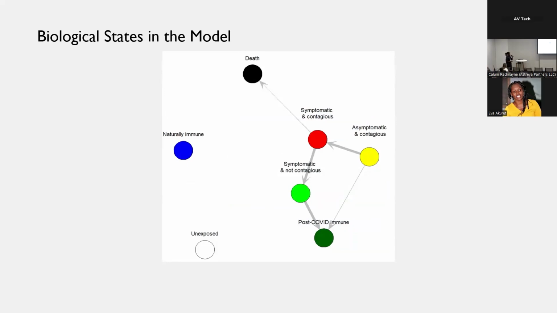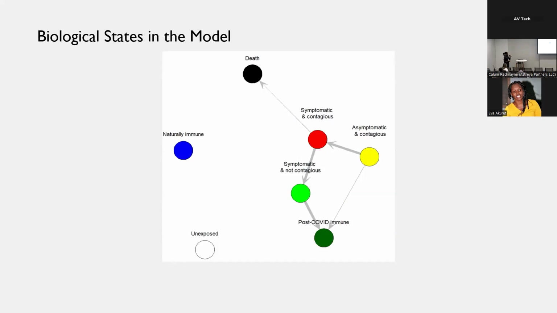Well, you're likely to die, but then we put a very small proportion there. And the ages, as you'd notice, there are heavier ages within the asymptomatic, the symptomatic not contagious, and post-COVID immunity. But also there's a likelihood of dying.